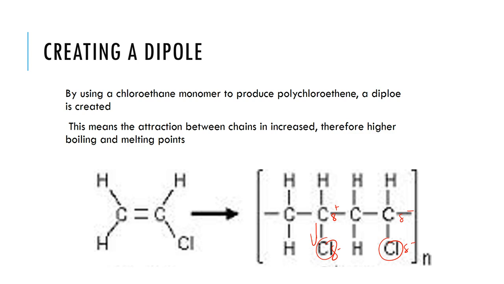Now when we look at having the chloroethene, the polychloroethene, it will be a little bit polar, so these chains are going to be attracted to each other a little bit more. So we would expect the boiling points and melting points to be higher because the intermolecular forces between the chains are higher. Remembering that whenever we're talking about melting points and boiling points, we really need to be concentrating on explaining what's going on with the intermolecular forces.